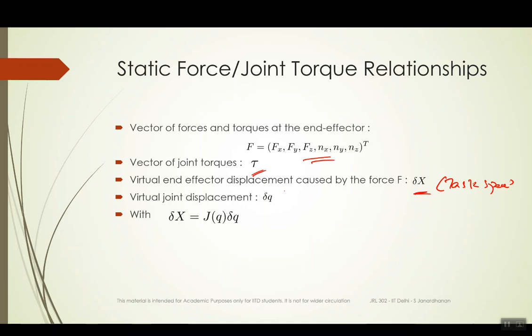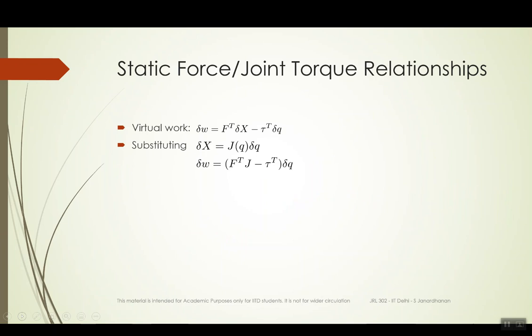Of course, in the joint space also there is a deflection. So the task space and the joint space deflections are related by delta x is J of q delta q. Now the virtual work done is the difference of this.